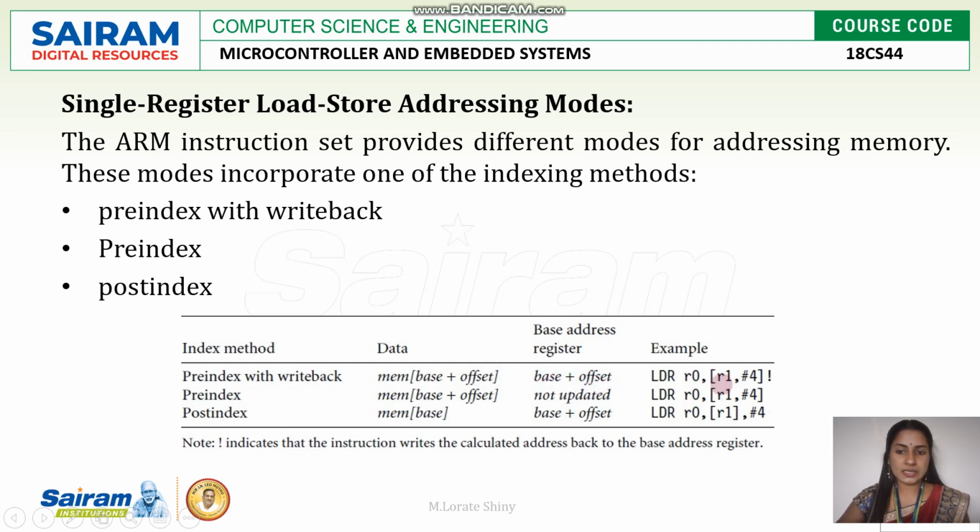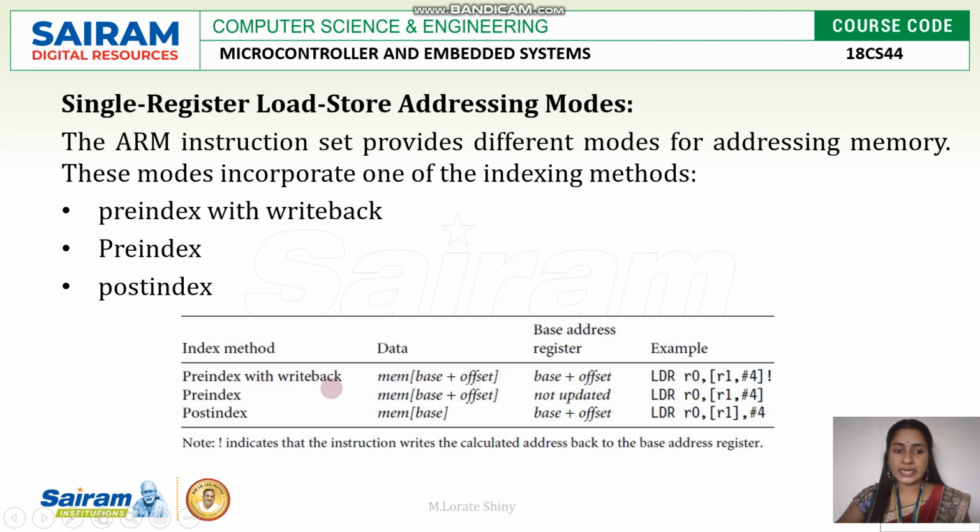Here the base register is R1, so the content of R1 should be added with 4. 4 is the offset here. When we add these two, we will get the memory address. From this memory location, data will move to the R0 register.